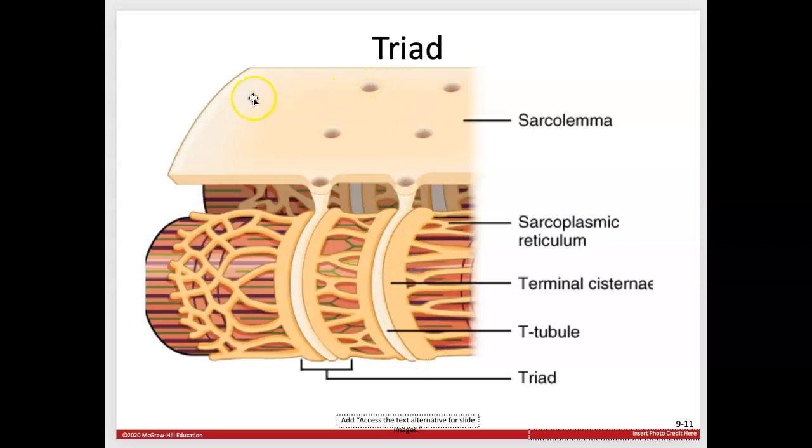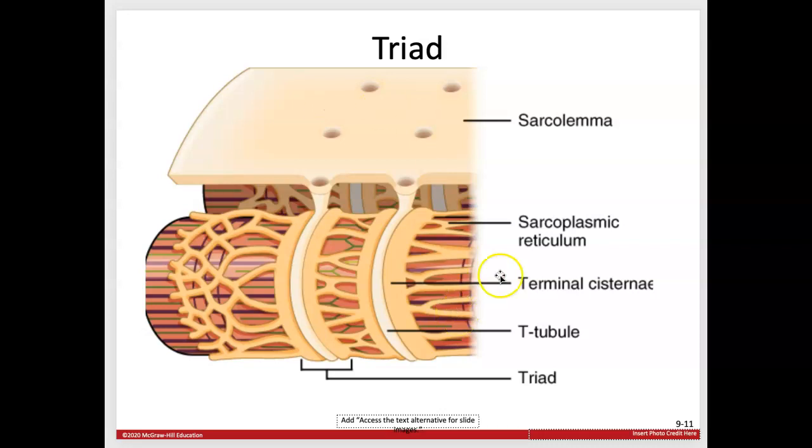And then the T-tubules are like if you poked a piece of that sarcolemma down into the cell. These networks, an extension of the sarcolemma that go down deep into the cell, allow, as we'll talk about later, any kind of signal to travel down deep into the cell.